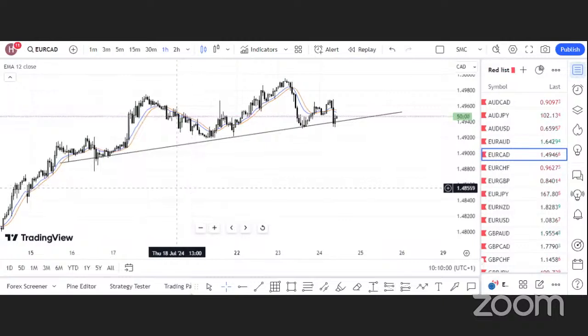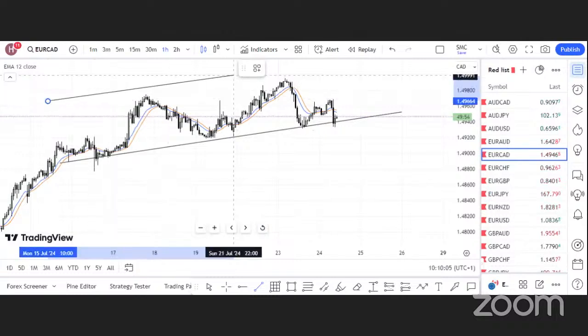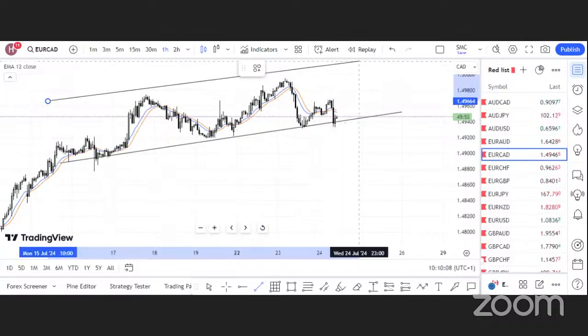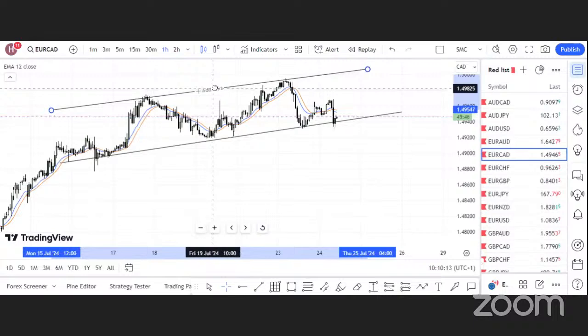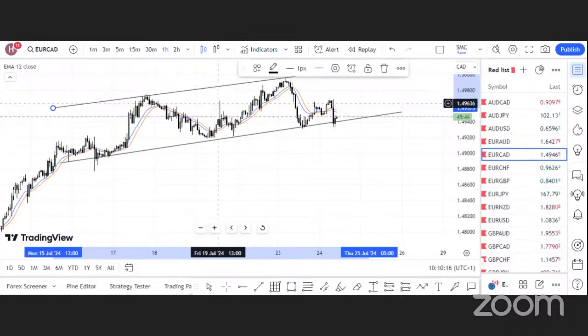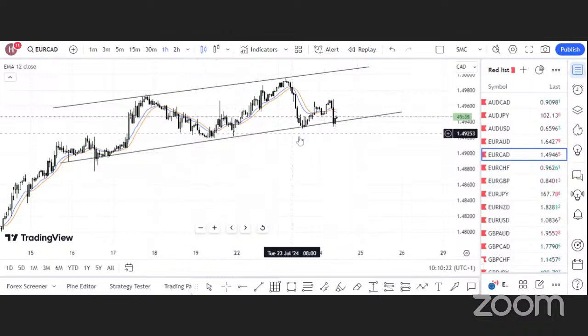All right, so this is the 1 hour time frame, and right now I'm trying to connect my trend lines. We have the upper trend line and then the lower trend line, which makes up a trend line channel.